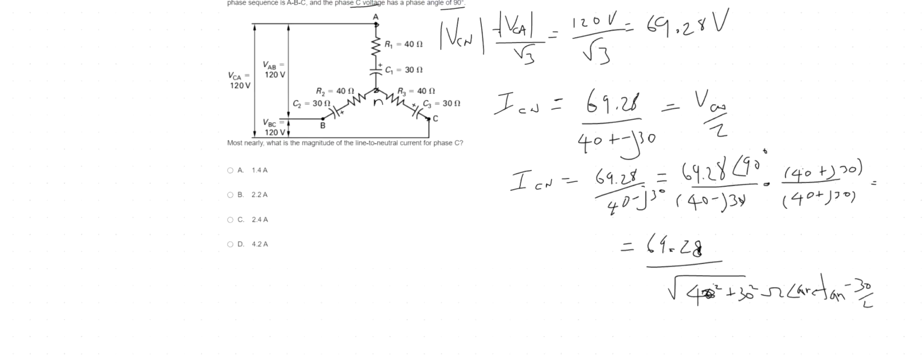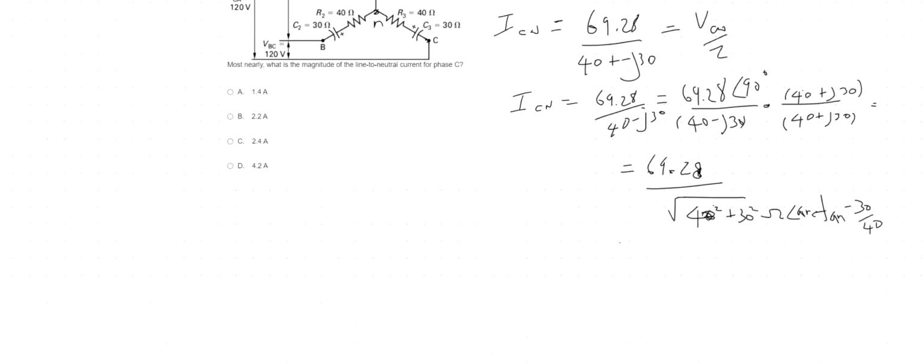Oops, mistake. So I'm getting negative 25.98 over 31.25, which would be, oh, it's still off. I'm getting like negative 0.83.